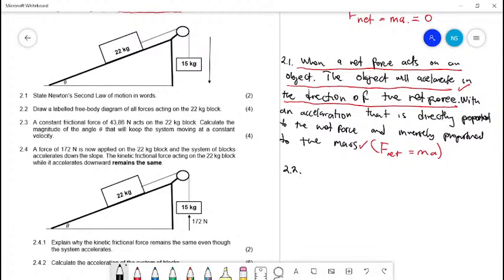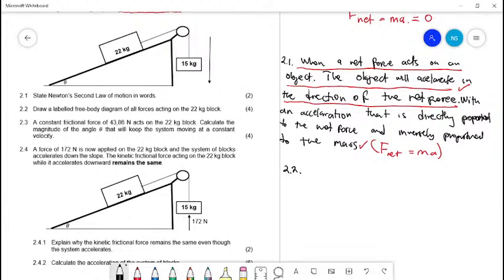They're saying draw a labeled free body diagram of all forces acting on the 22 kg block. So if you go to the diagram and look at the 22 kg block, you can see that the 22 kg block is on an incline, right?